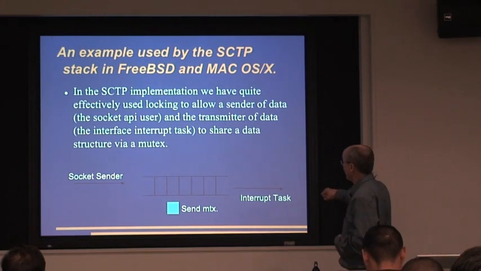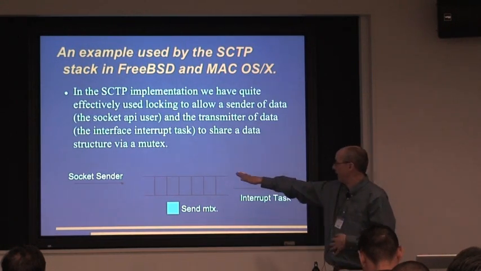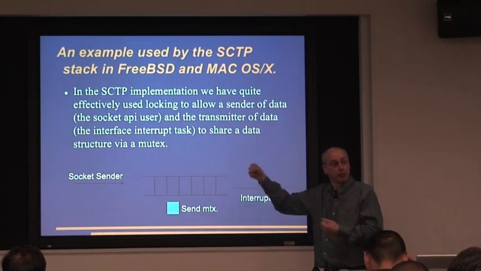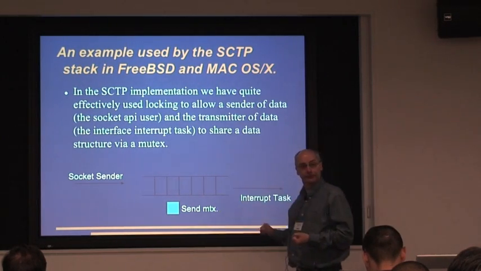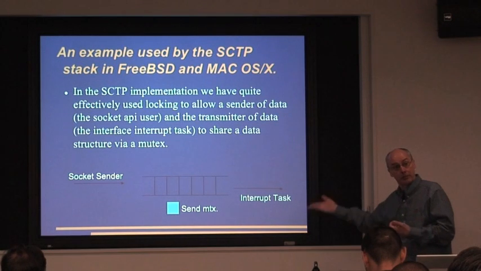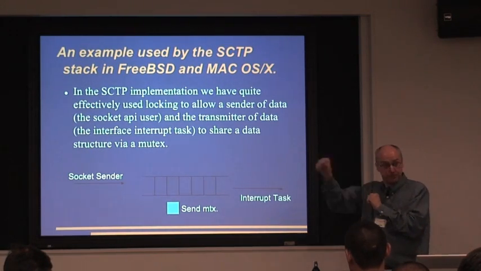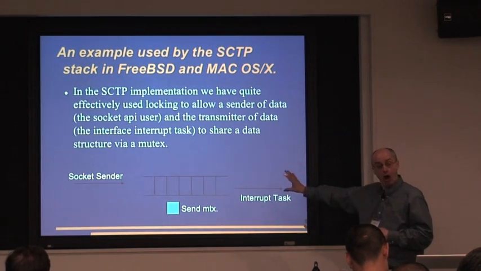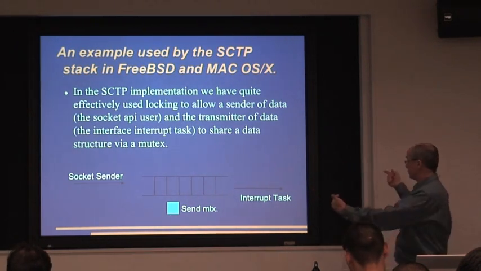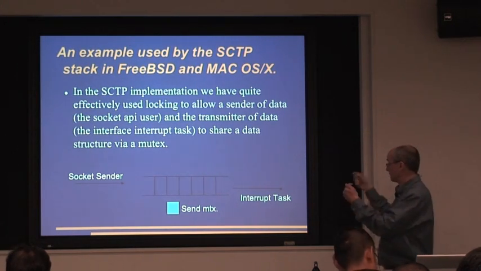One of the common ones we have is for socket sender. So we have a socket level application program that's sending data, and the data is going to go into a queue. And we have the interrupt task that is possibly receiving SACKs and processing them and sending packets out. So we put a mutex on this queue so that the 2 sides can hopefully run on different CPUs and contend for the queue.